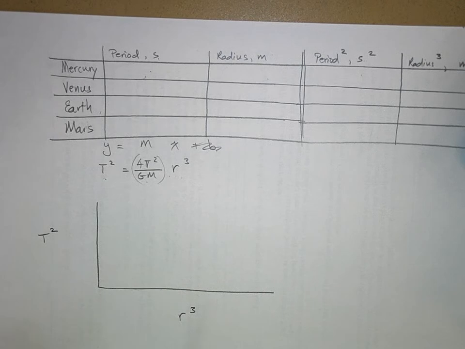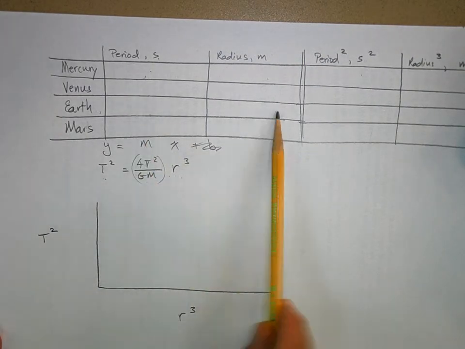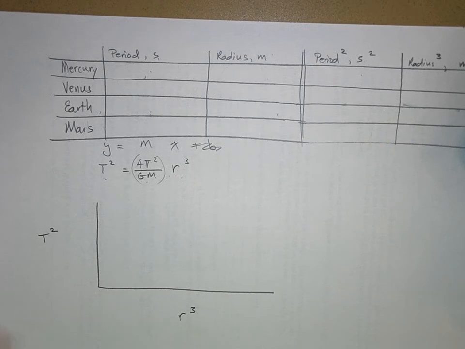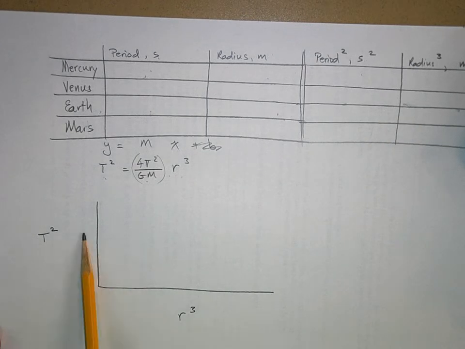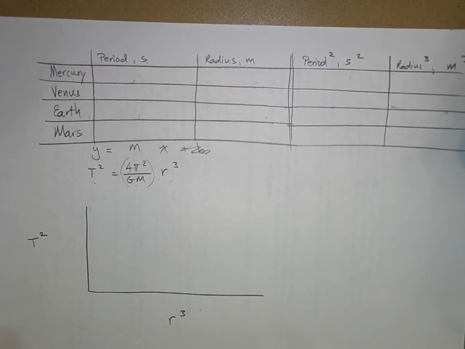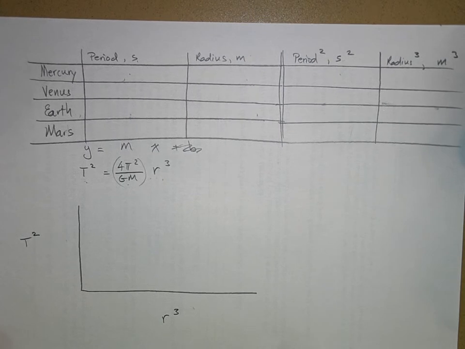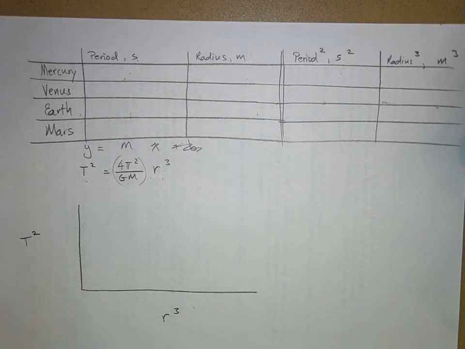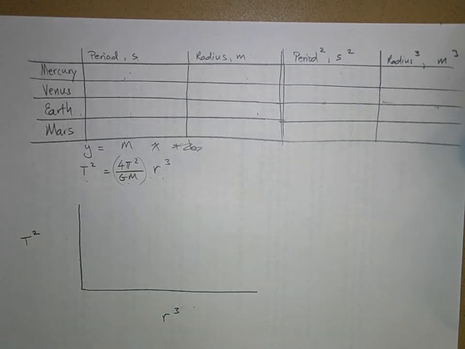So here's what I want you to do. I want you to figure these things out, and then draw a graph for these 4 planets. I want you to do that right now. So come back to part 3 in just a few minutes.